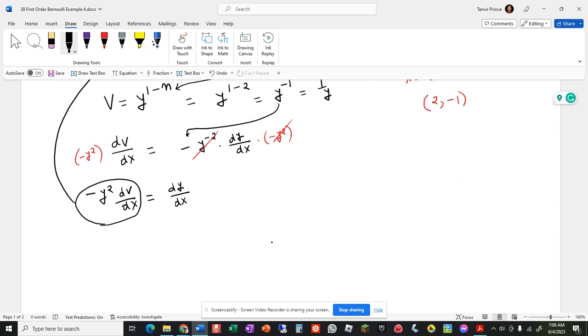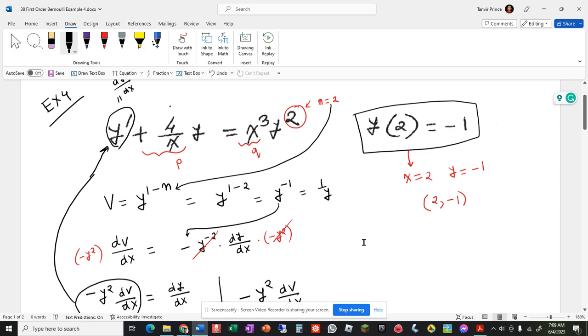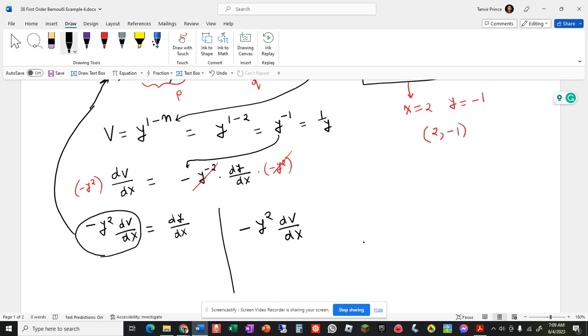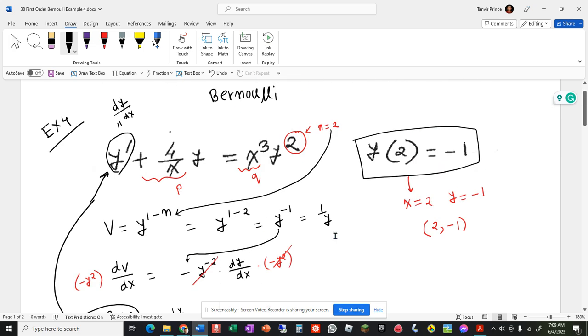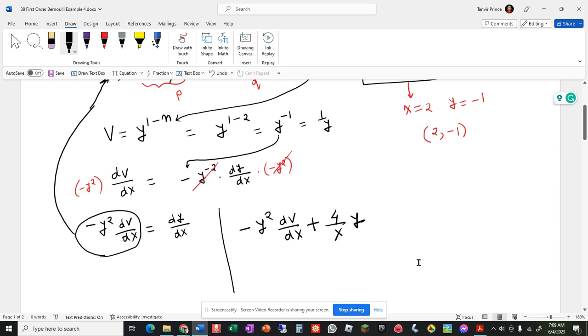So let's do that substitution. In place of y prime, I write negative y squared dv/dx, and I copy everything else. So I have plus 4 over x times y, equal to x cubed y squared.